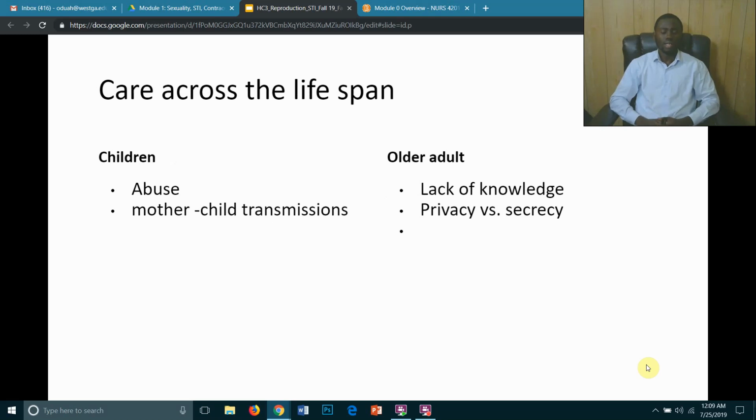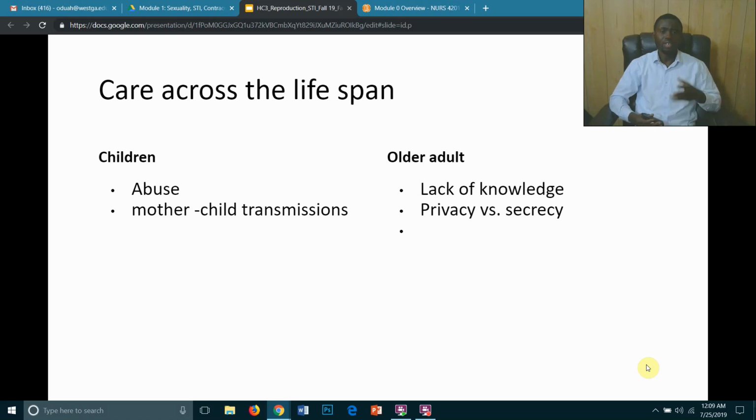So now let's look at STIs across the lifespan. Children who exhibit signs of STIs may be indicative of sexual assault by an older individual. For example, chlamydia is transmitted only through sexual contact.